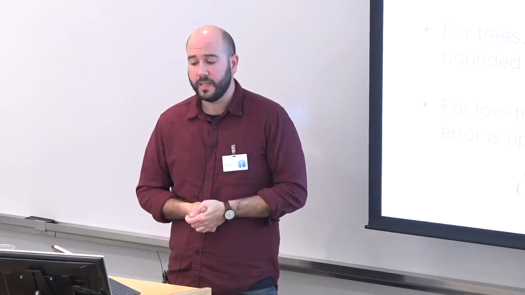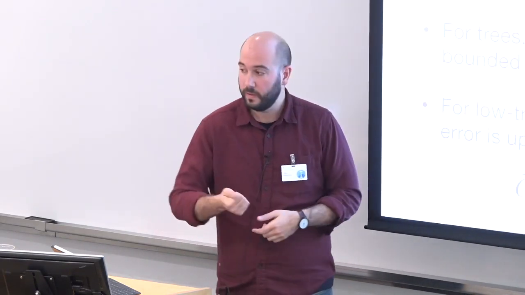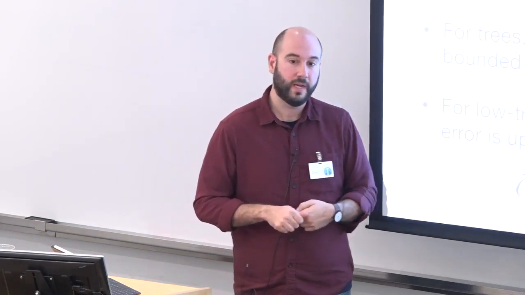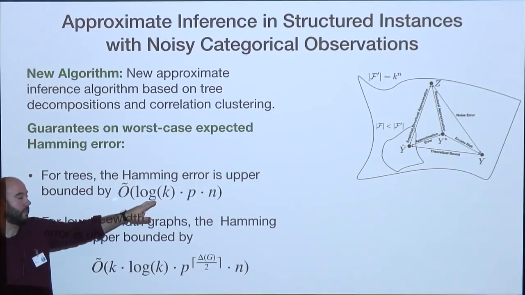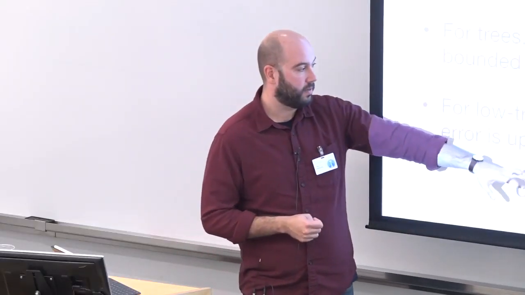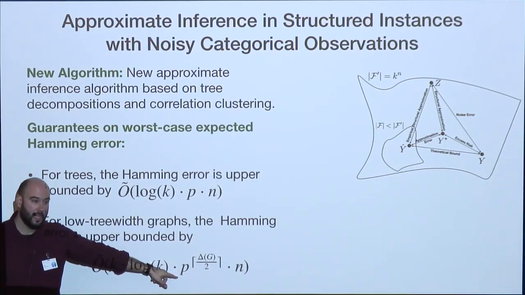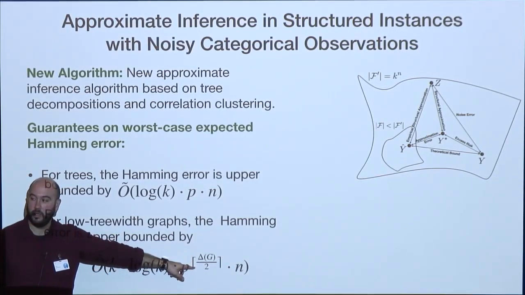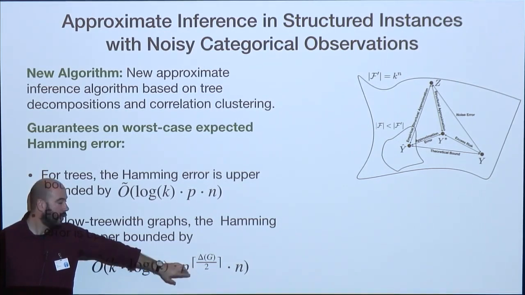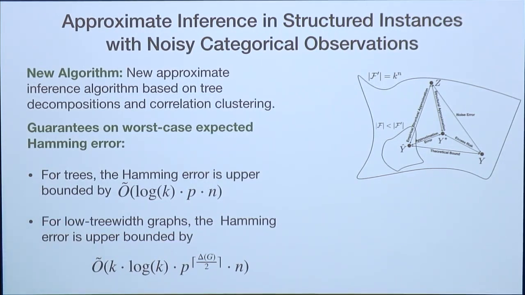The interesting thing is that this algorithm gives you guarantees in terms of P, the probability of error that you have. You can show that the lower this probability is and the smaller your domain is, the better the guarantees for your algorithm. The interesting thing to notice for the general case is that if I have a dense structure, with lots of redundancy in my data, the noise term goes down significantly.